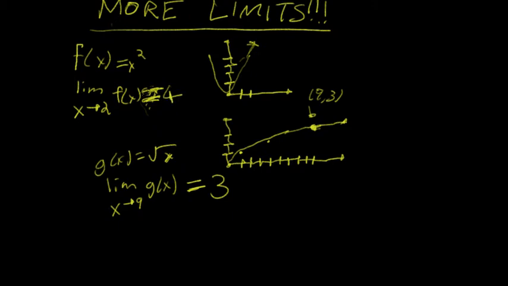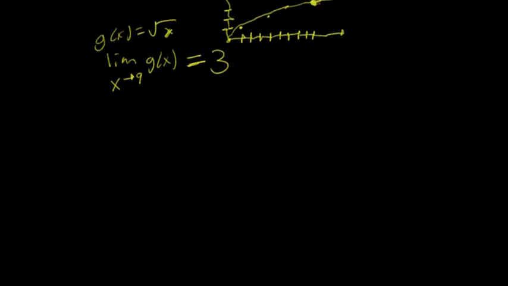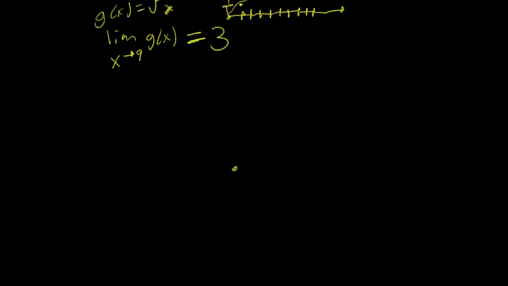Okay, and we took a look at the greatest integer function as well. Quick recap. I'll just draw it here. You can assume that this is 1, 2, 3, 4, 1, 2, 3, 4.